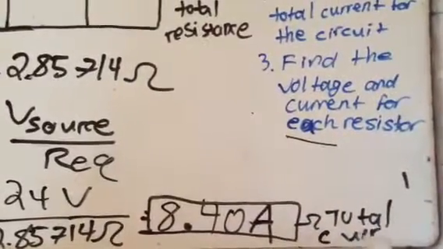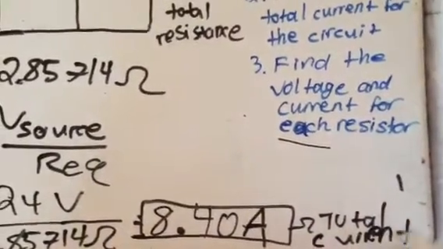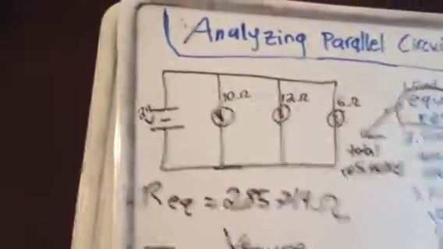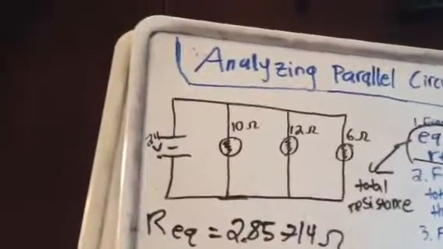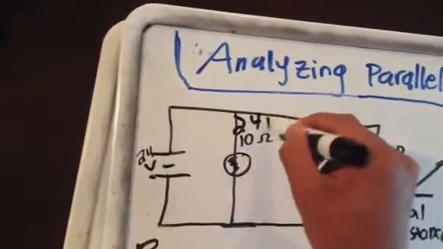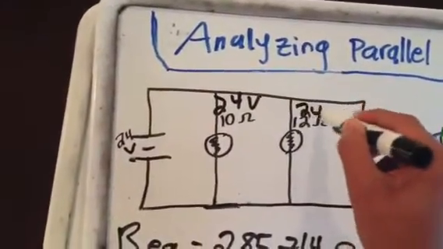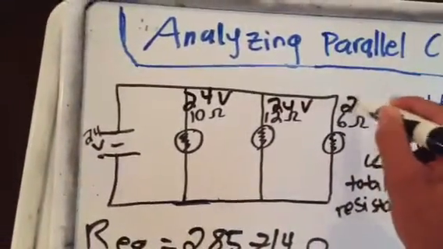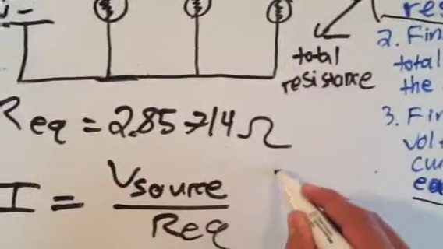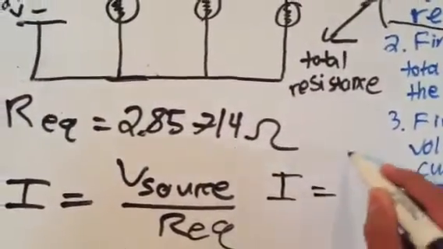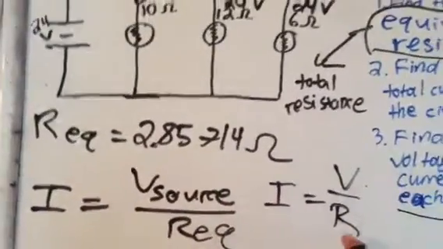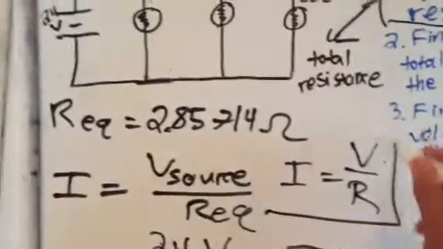Now we need to find the current and voltage in each resistor. But hold on a sec. At the beginning of the video, I said that the V source is equal to V1, V2, and V3, which means that the voltage in each resistor is 24 volts. And if you remember from the last video, or if you already know this, current is equal to V over R, which is just a simplified version for just the resistors.